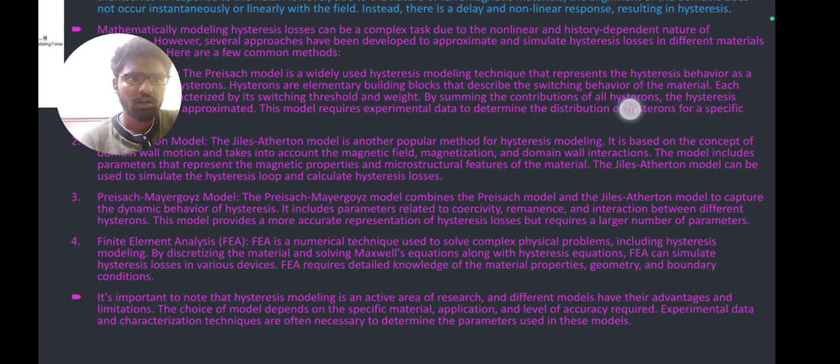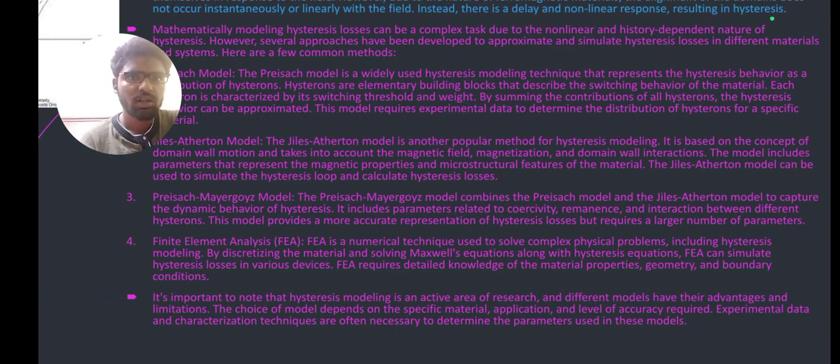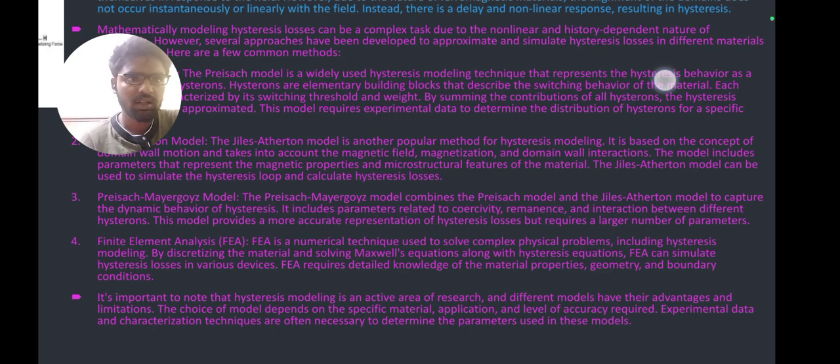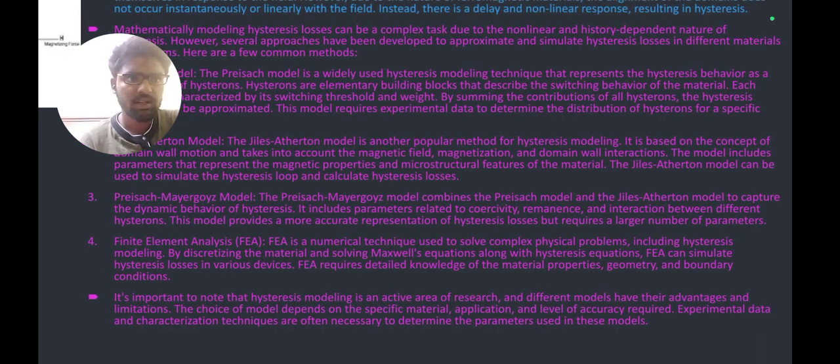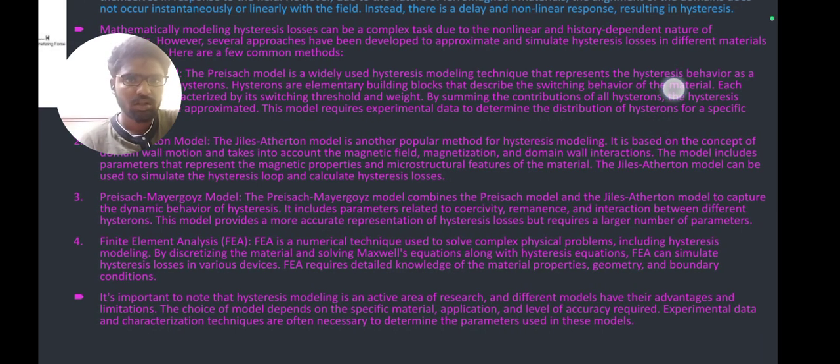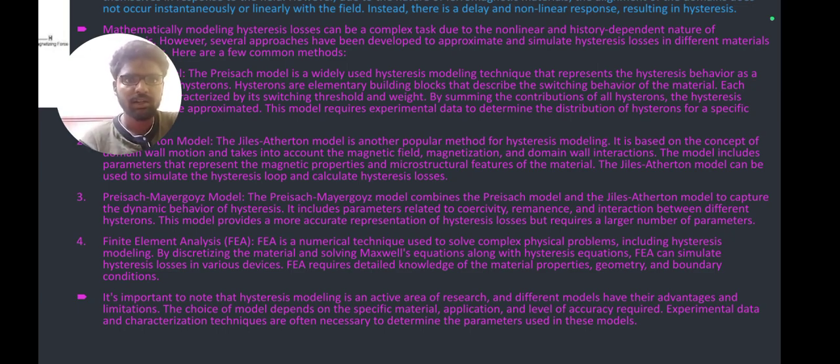The model includes parameters that represent the magnetic properties and microstructural features of the material. The Jiles-Atherton model is used to simulate the loop and calculate hysteresis losses.